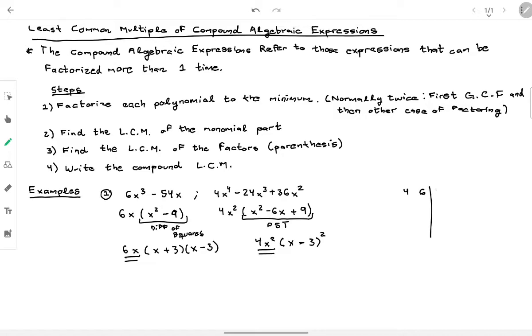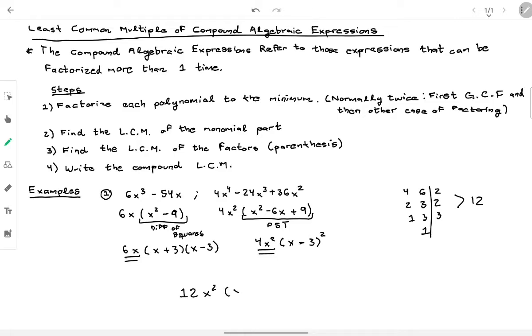So it's going to be using the prime decomposition, or maybe you can do it by mind also because it's very simple. And it's going to be 12. So our compound least common multiple will be 12. Between x and x squared, remember we need to write the highest power, x squared.